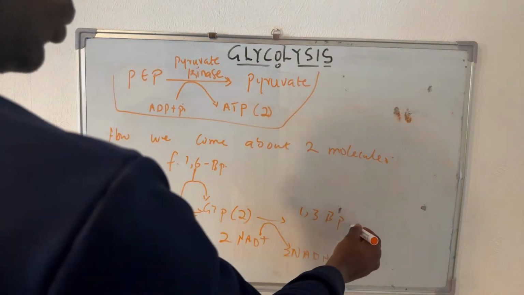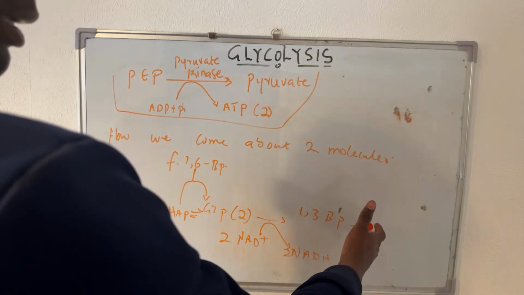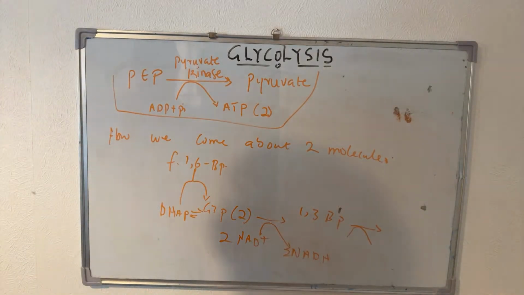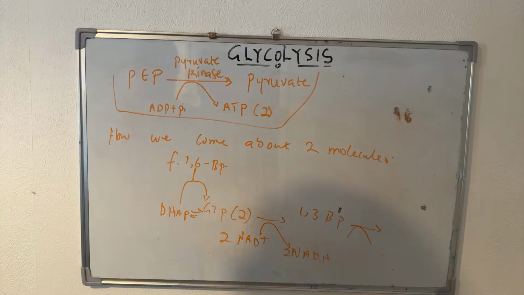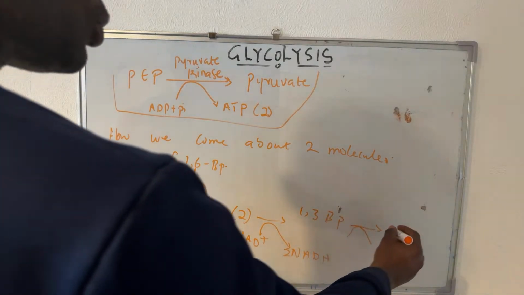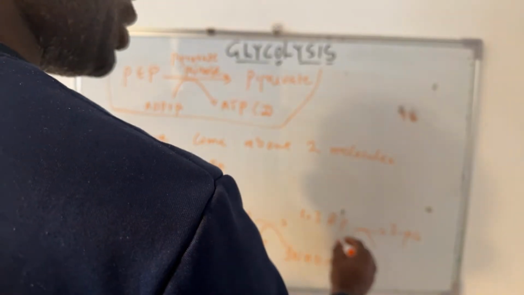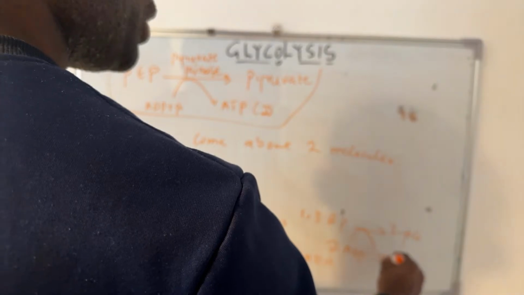So when phosphoglycerate kinase came in here to form 3-phosphoglycerate, it's actually 2 ADP to form 2 ATP.